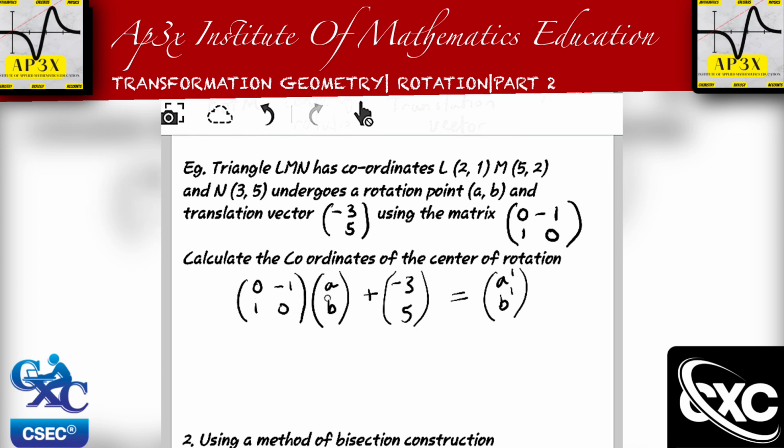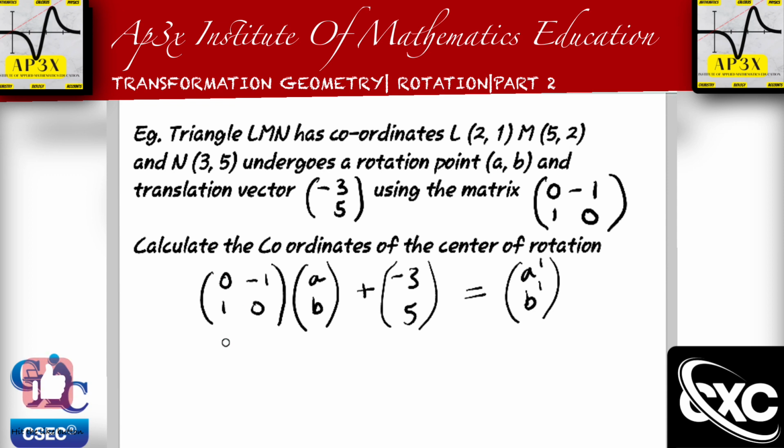Now we're going to go row by column here, and we know that 0 multiplied by A is 0, and negative 1 multiplied by B gives us negative B. Then we go to the bottom, row by column. 1 times A is A, and 0 times B gives us 0. That is in a matrix, and that will be added to (-3, 5).